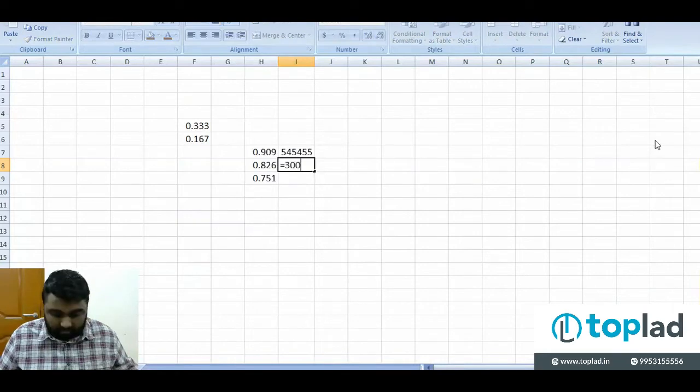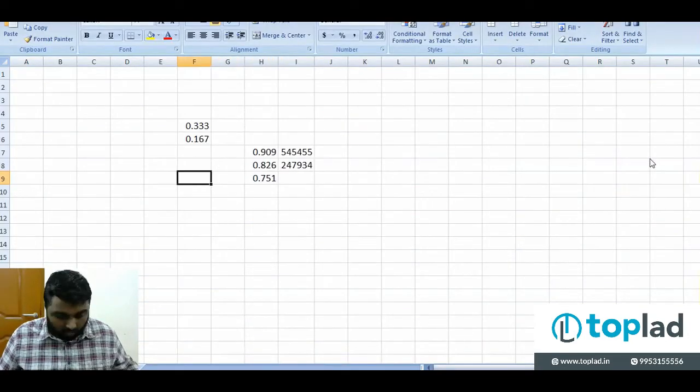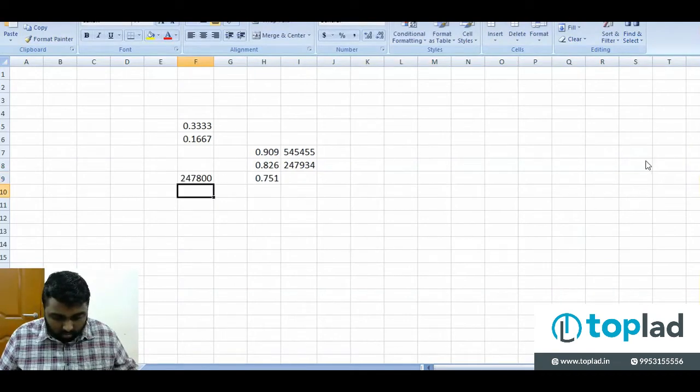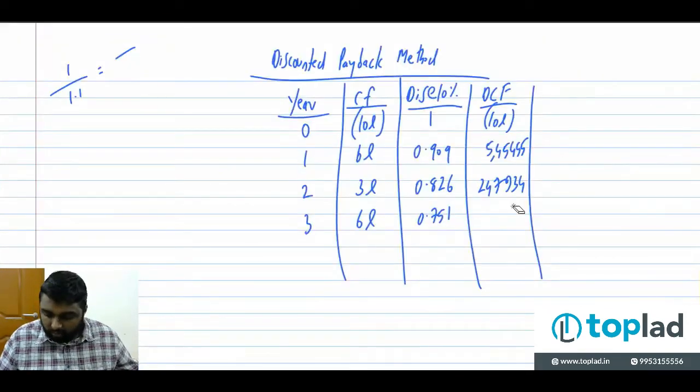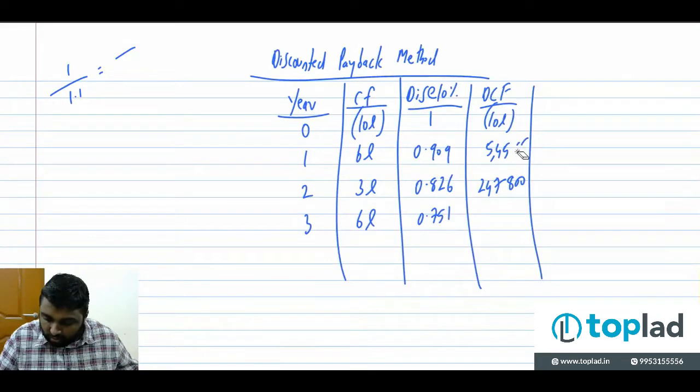Next, 3 lakh into this amount, 0.826, gives 2 lakh 47, and we round off to 2,47,800. So the first year is 5,45,400.